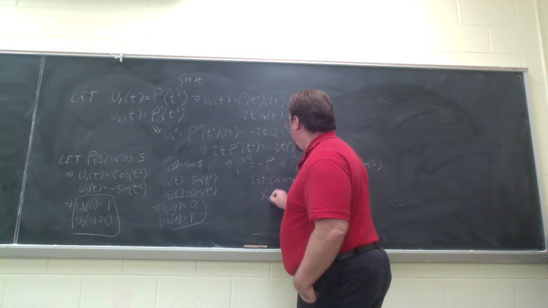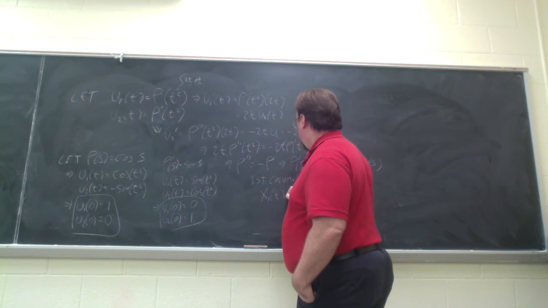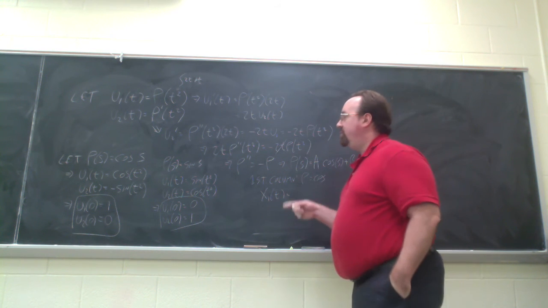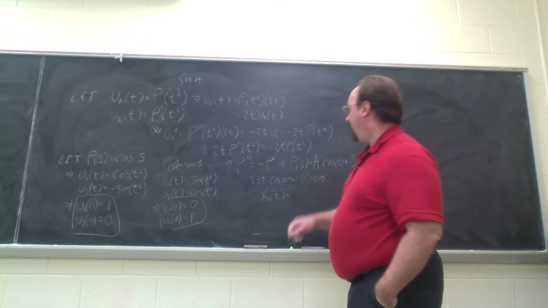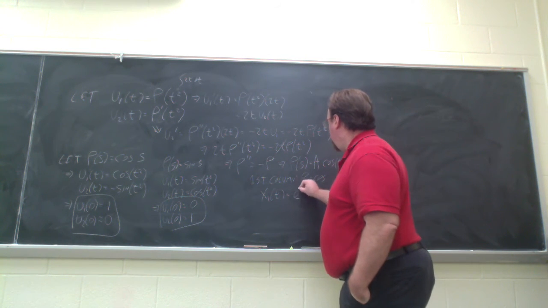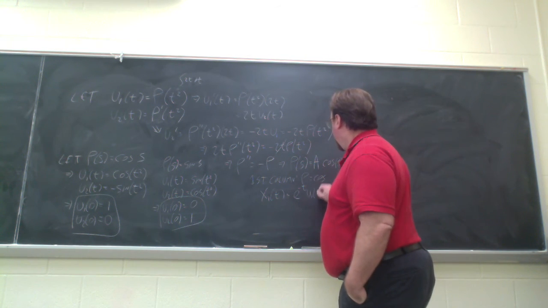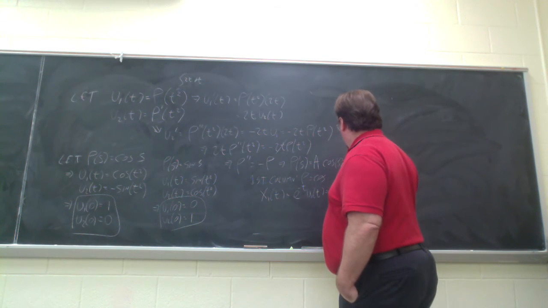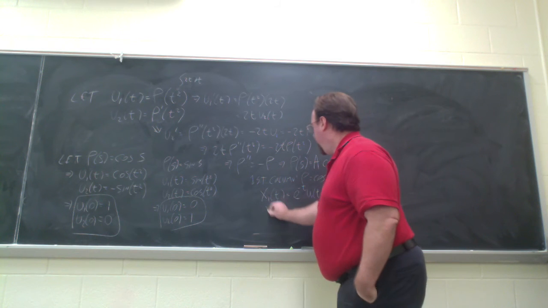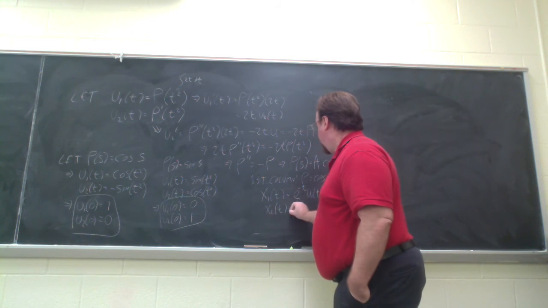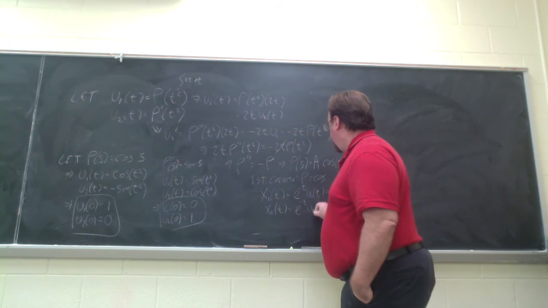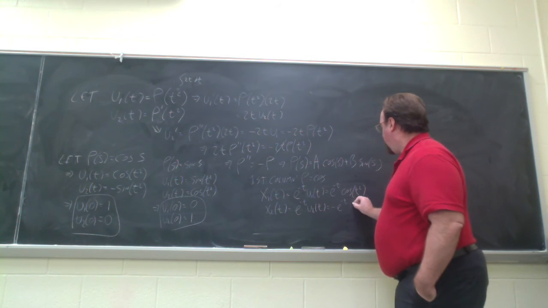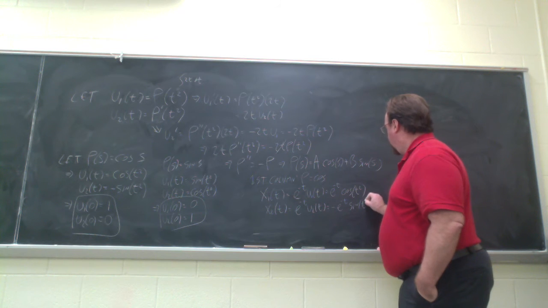So I get x1 of t. Keep in mind how I defined u: u1 is e to the t x1. So x1 is e to the minus t u1. So that's e to the minus t cosine of t squared. And then similarly, x2 of t is e to the minus t u2. So that's minus e to the minus t sine of t squared.